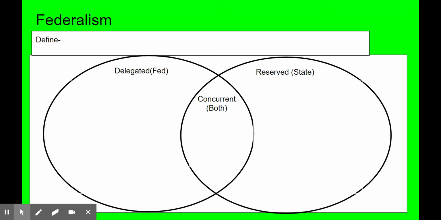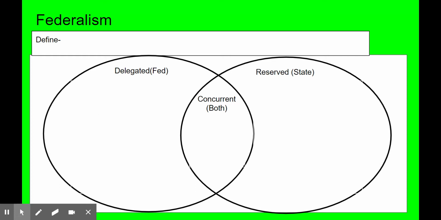Now, on the left, we start with the term delegated. So these are officially referred to as the delegated powers. These are those things that the Constitution specifically names and specifically delegates to the federal government.